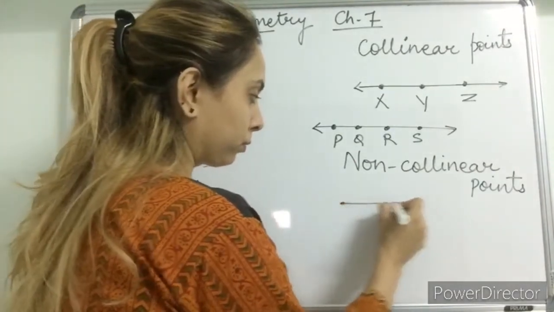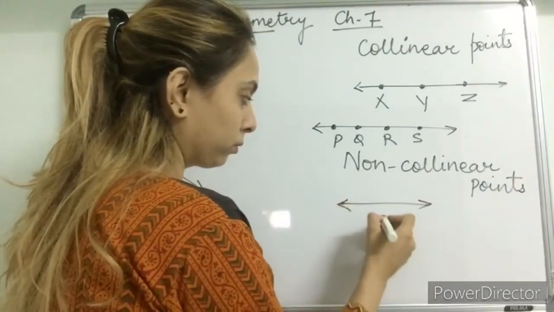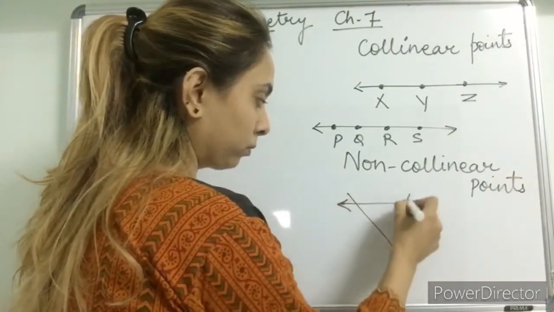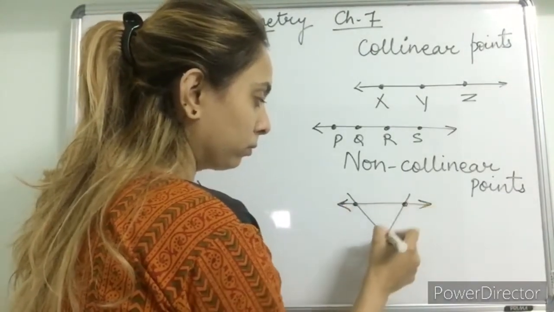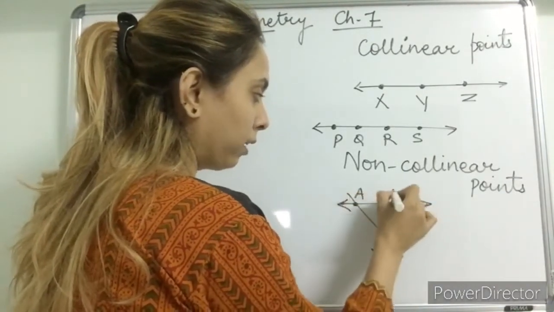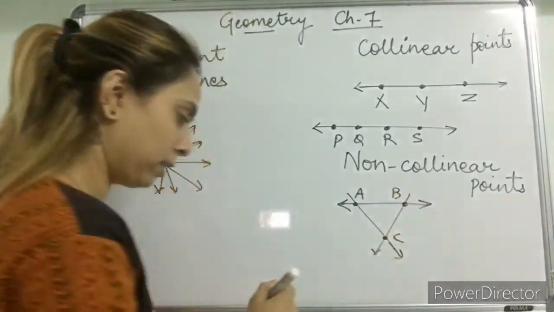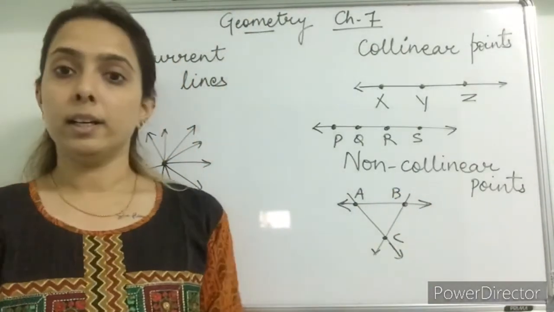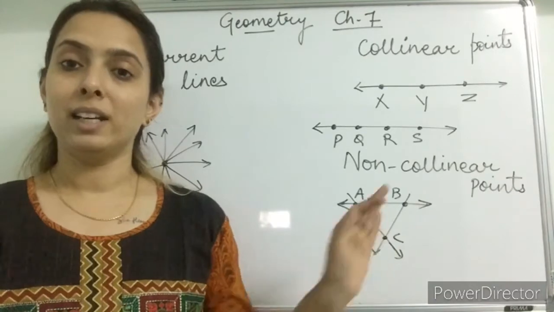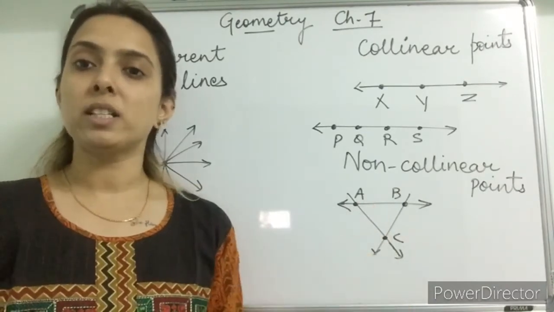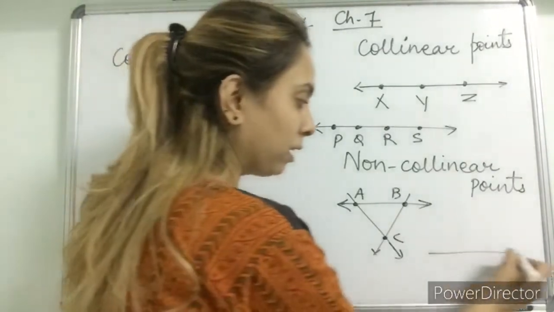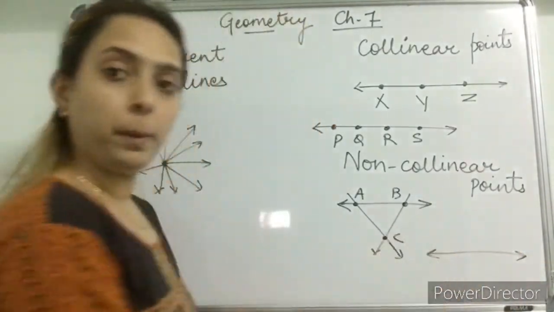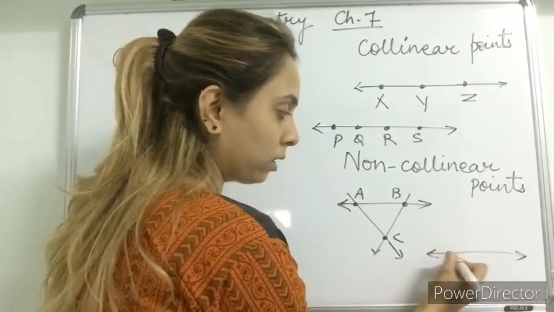So A, B, C are not in a straight line. So these points are non-collinear.